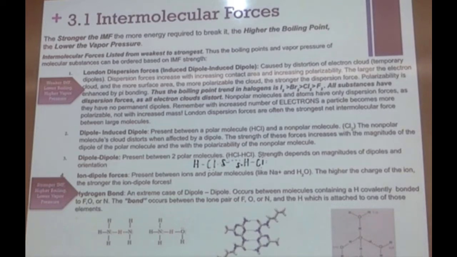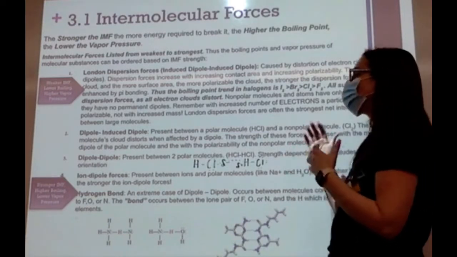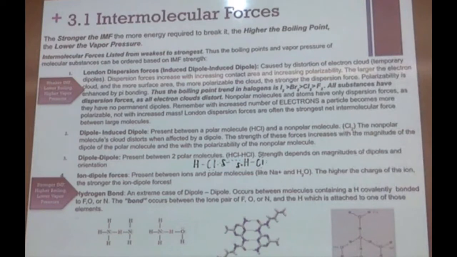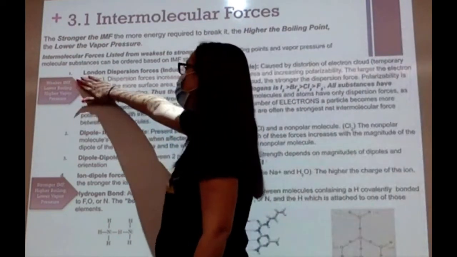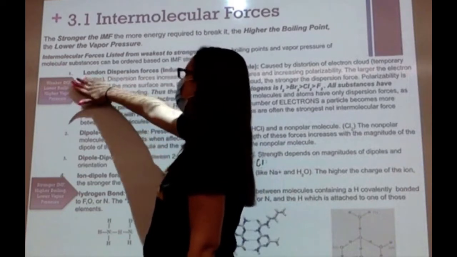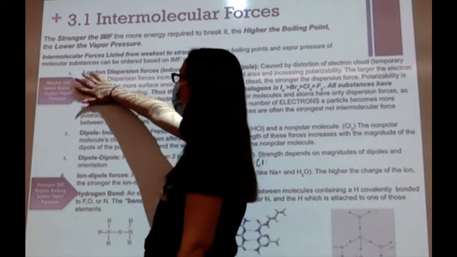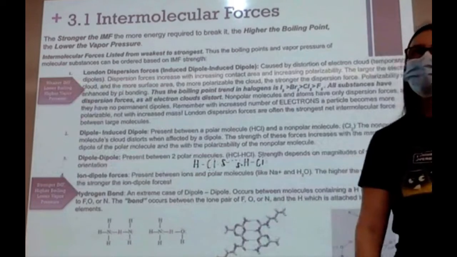We have hydrogen covalently bonded to N, O, or F, and then that hydrogen is attracted to N, O, or F in another molecule. When we think about dispersion, dipole-dipole, hydrogen bonds, all of these intermolecular forces, remember the weaker the intermolecular forces, the lower the boiling point, and the higher the vapor pressure.